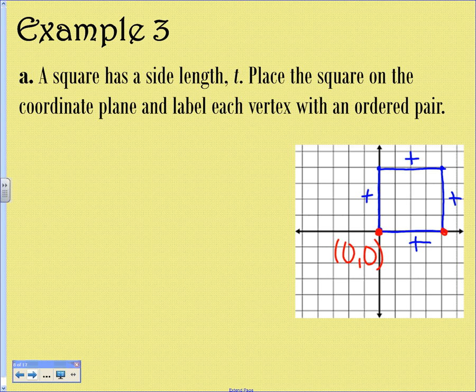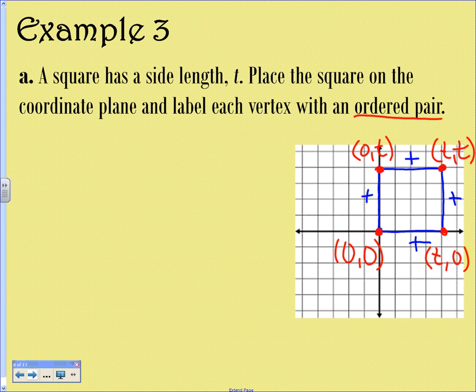What is this one? Nope. 0, t. Does that make sense? What is this one? No, because it wants an actual ordered pair. And then what is the last one? That's what it actually wanted.